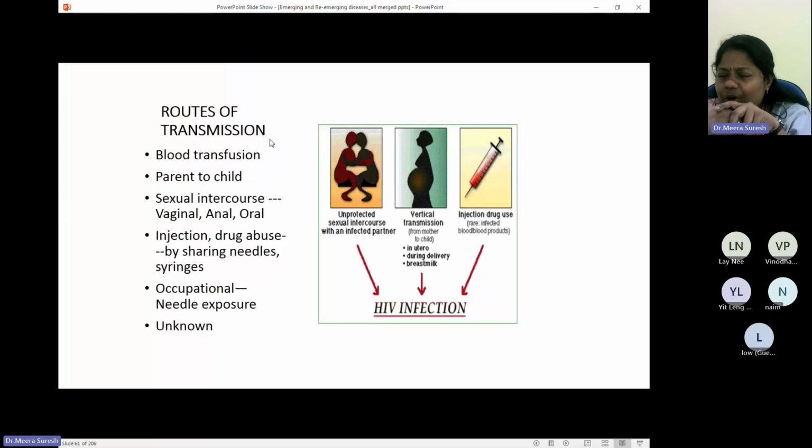Almost all the people, if we take a survey, we will understand that most people know how HIV is transmitted.